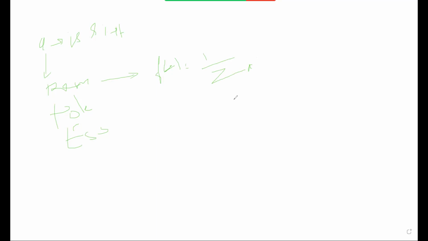The point a is said to be a pole if the function f of z has only a finite number of terms with z minus a in the denominator part. If the term z minus a occurs an infinite number of times, then the point a is said to be an essential singularity.